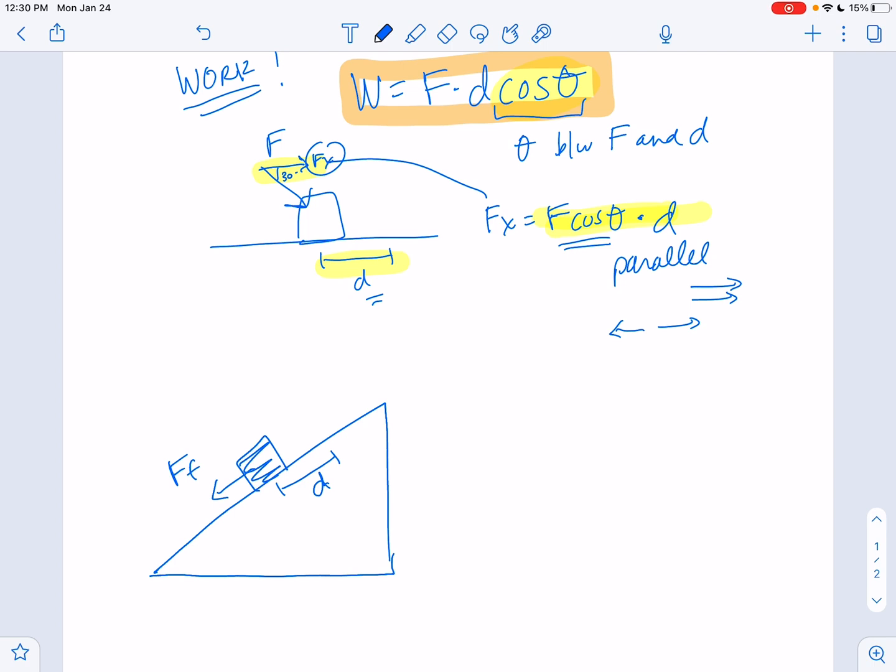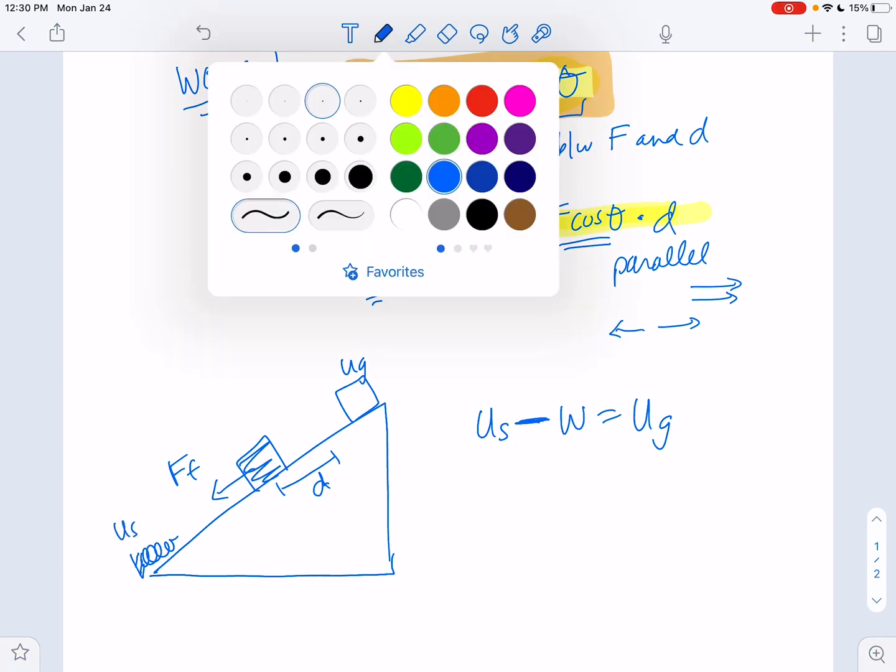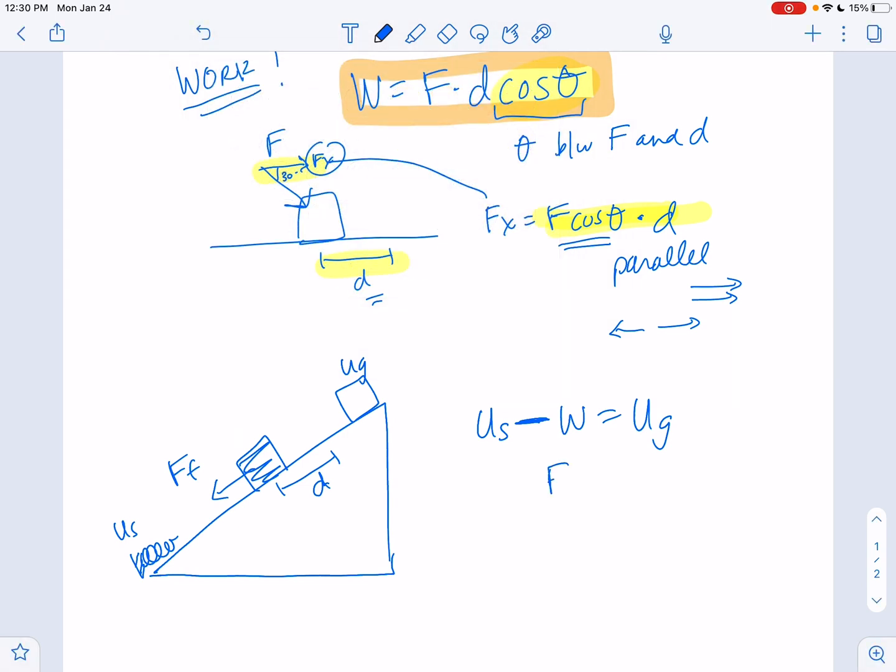So when we write it, like we'd write Us minus work equals Ug or something, right? Say that it started down here, was fired and ended up here, right? When you write in this minus work, you're already doing F D cos 180, right?